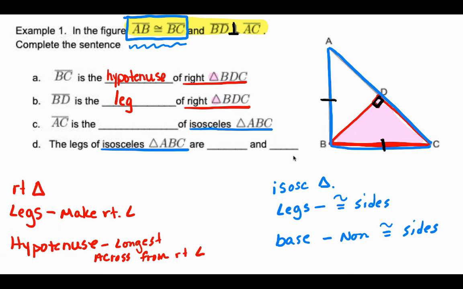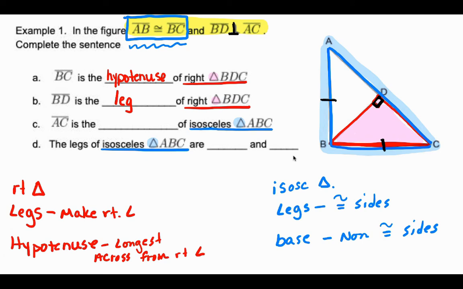For our next question, we are using the entire triangle. So we're using the whole triangular shape for this one. This is an isosceles triangle because it has two congruent sides, and we use our vocabulary for isosceles.